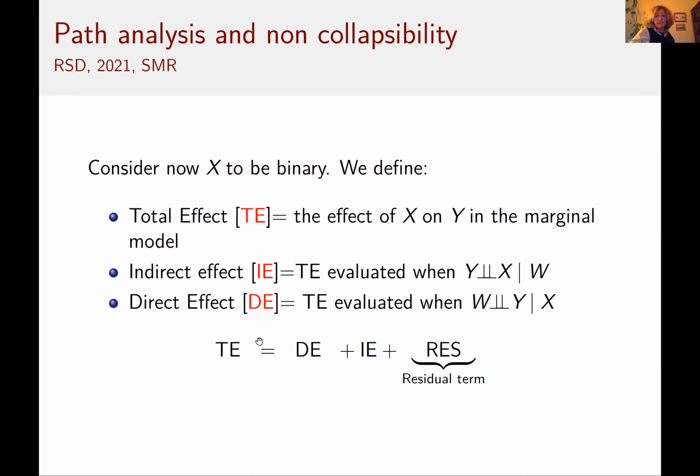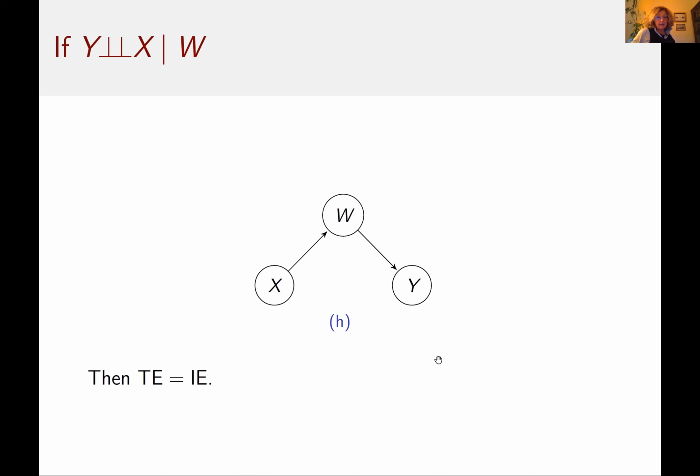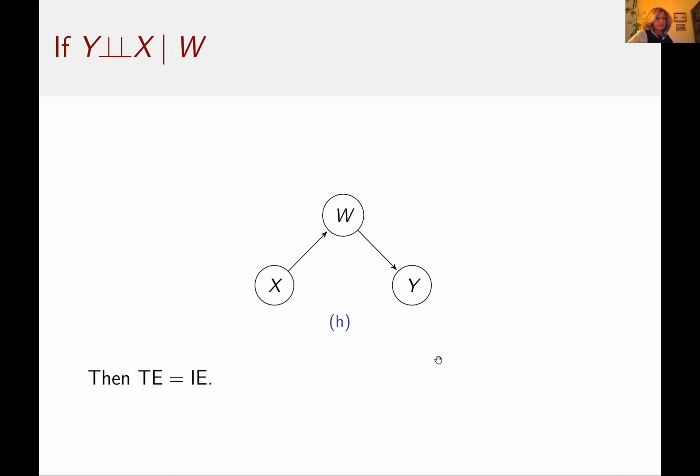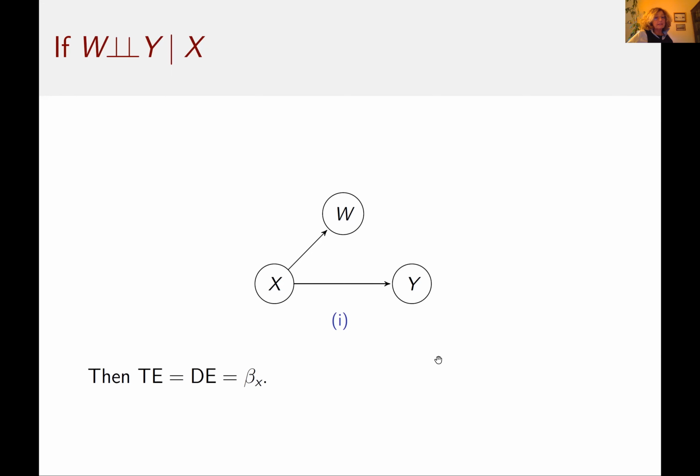And it turns out that if you do this decomposition, the total effect is equal to the sum of the direct effect, the indirect effect, plus this residual term, which is the one responsible for non-collapsibility. Just to remind, if the data generating process is this, the total effect is the indirect effect. Whereas if the data generating process is like this, the total effect is the direct effect, which is the coefficient beta x.